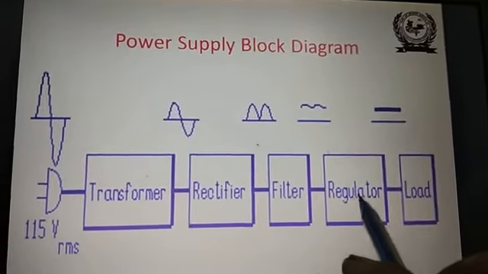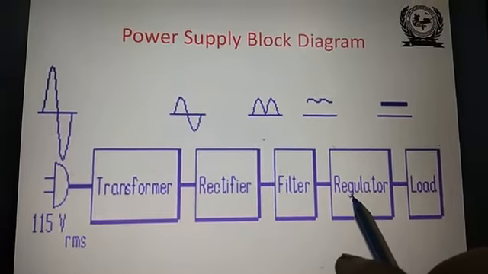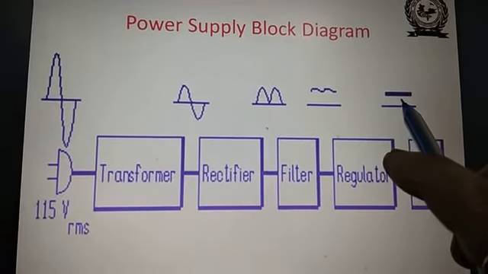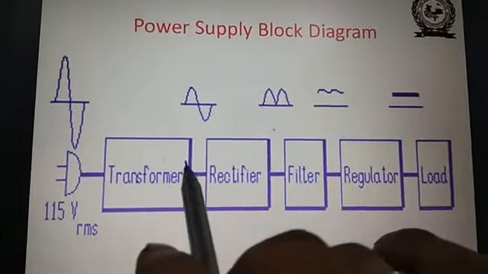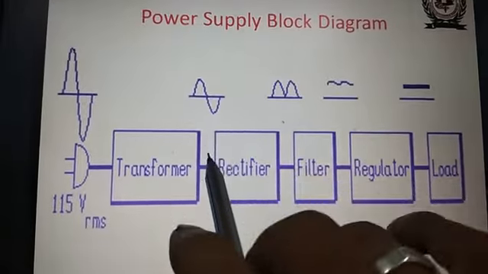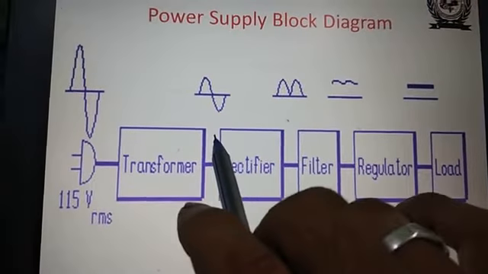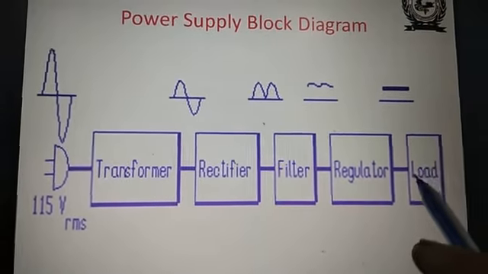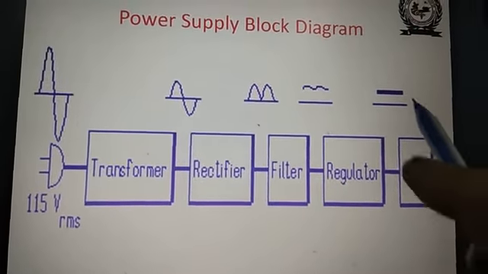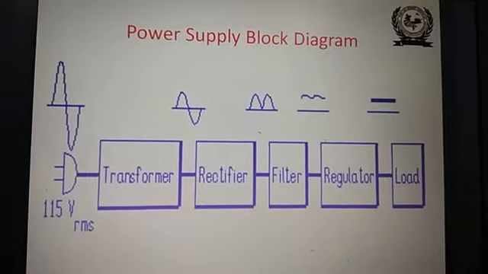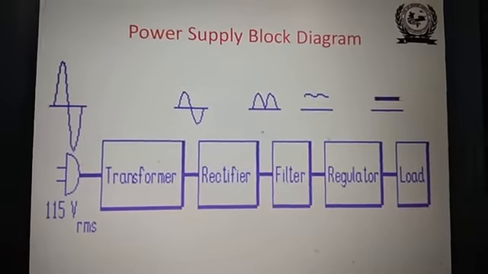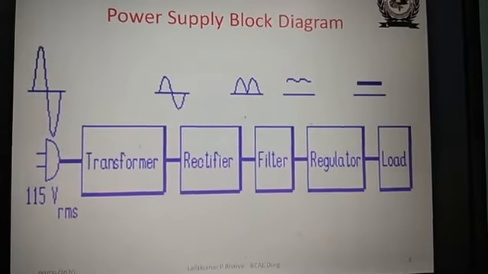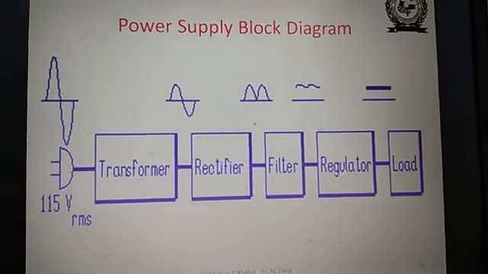So what is the function of the regulator? The function of the regulator is to provide the constant DC output voltage irrespective of the change in this line voltage, that is the secondary of the transformer, or a change in the load current, that is IL. So this is the function of the regulator. And this regulator is a very important part used in any power supply.